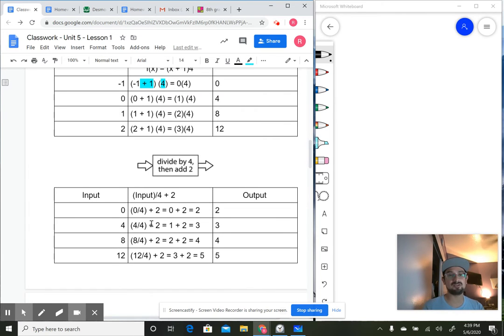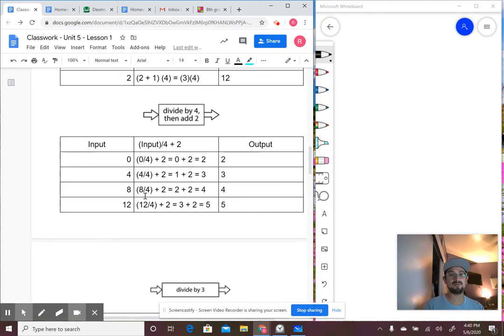For this one, you take the number, divide by 4, and then you add 2. So 0 divided by 4 plus 2 equals 2. 4 divided by 4 plus 2 equals 3. 8 divided by 4 is 2, 2 plus 2 is 4. 12 divided by 4 is 3, 3 plus 2 is 5.